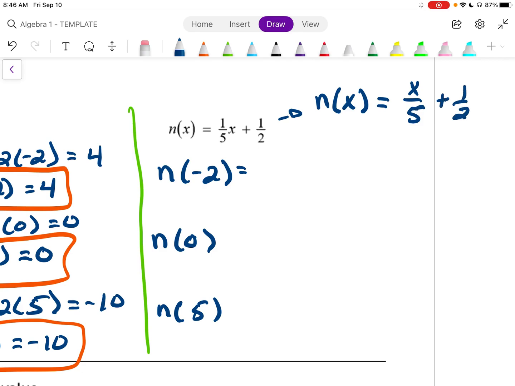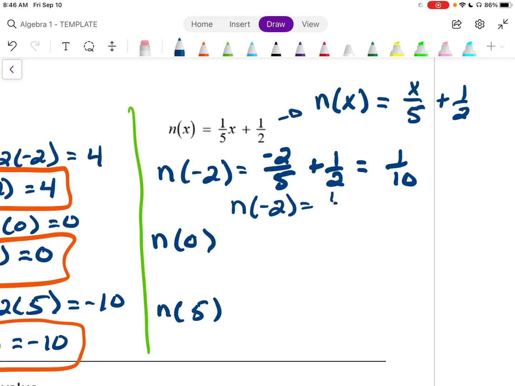I'm allowed to do that. Those are exactly the same equation. I just put that x in the numerator so we're able to see what we're doing. For -2, I'm going to have -2 over 5 plus 1/2. And instead of doing that by hand and taking a while, I'm just going to type that in a calculator. I'm going to have -2 over 5 plus 1 over 2, and that gives me 1 over 10. So n of -2 is 1 over 10.